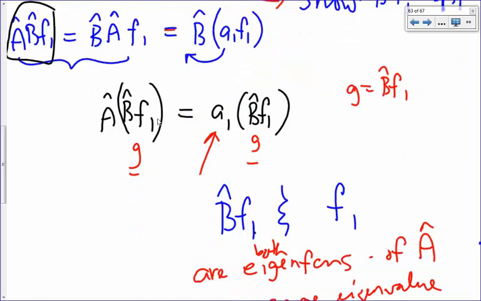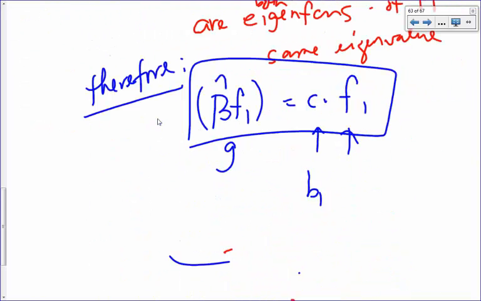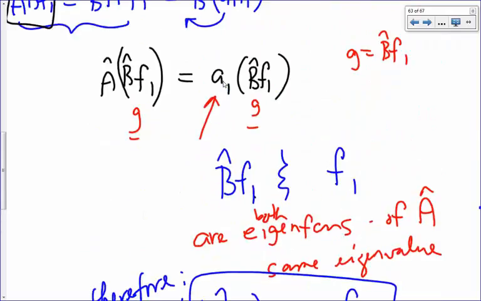Now, what if this eigenvalue A1 is degenerate?